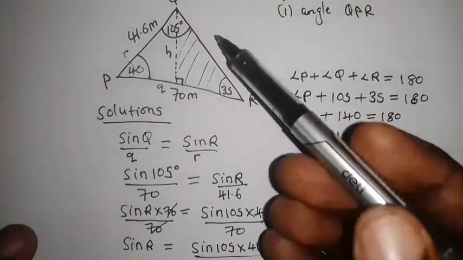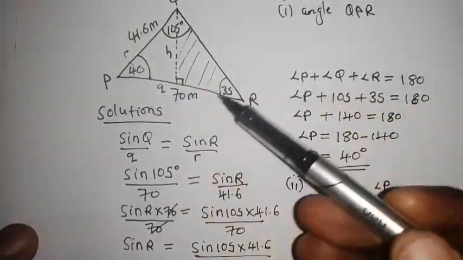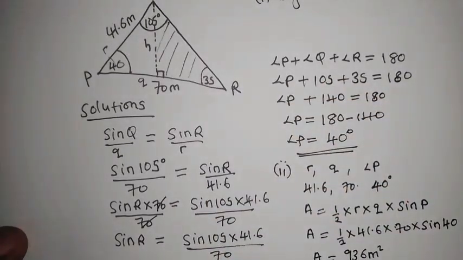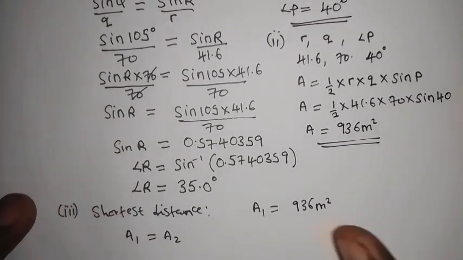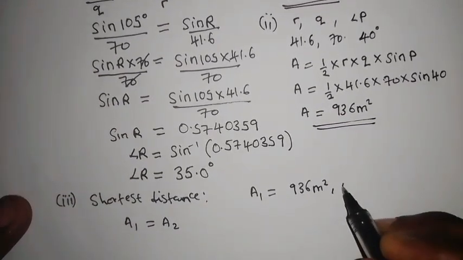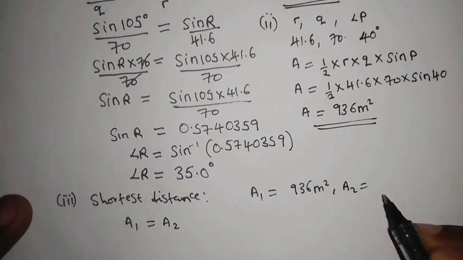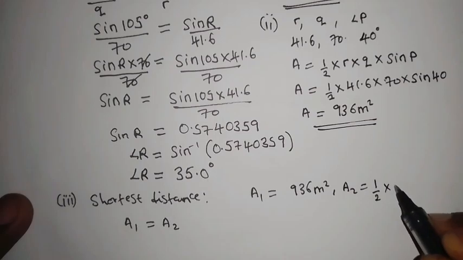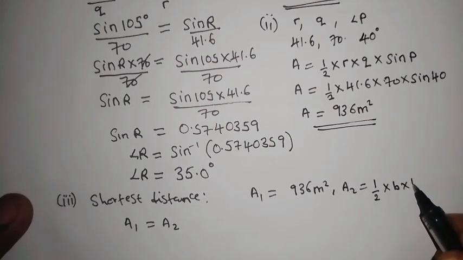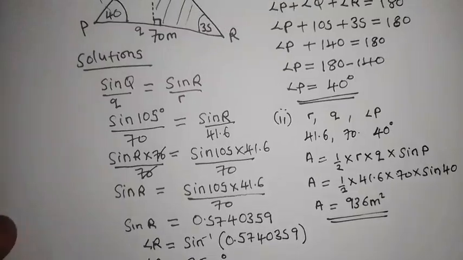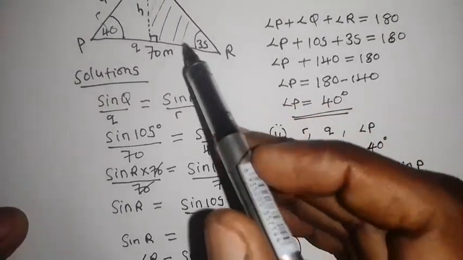So area 1 is the area of the whole triangle, and we found it to be 936. And our area 2 is the area of the right angle triangle, which is half multiplied by b multiplied by the height. That would help us find this h.